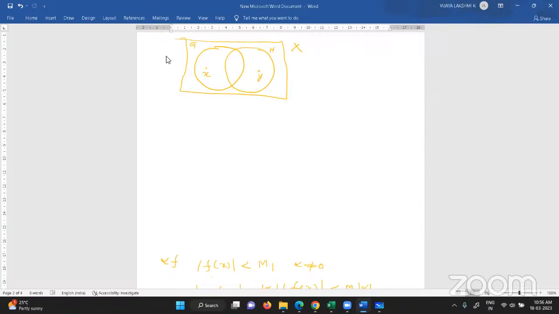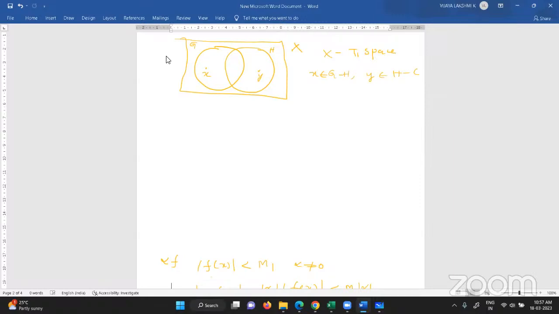So a topological space X is a T1 space if there exist open sets G and H such that X belongs to G minus H and Y belongs to H minus G. So this is this one.